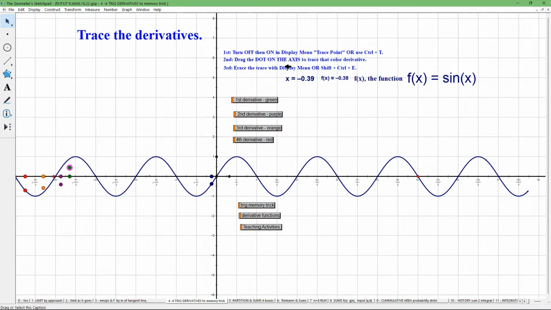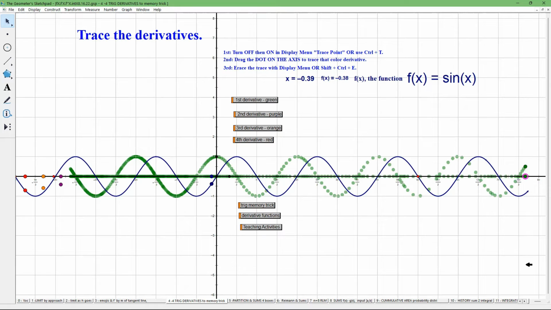Drag the dot on the axis to trace the derivative. And so to use this one, I'm going to drag this one. Now I could slow it down.